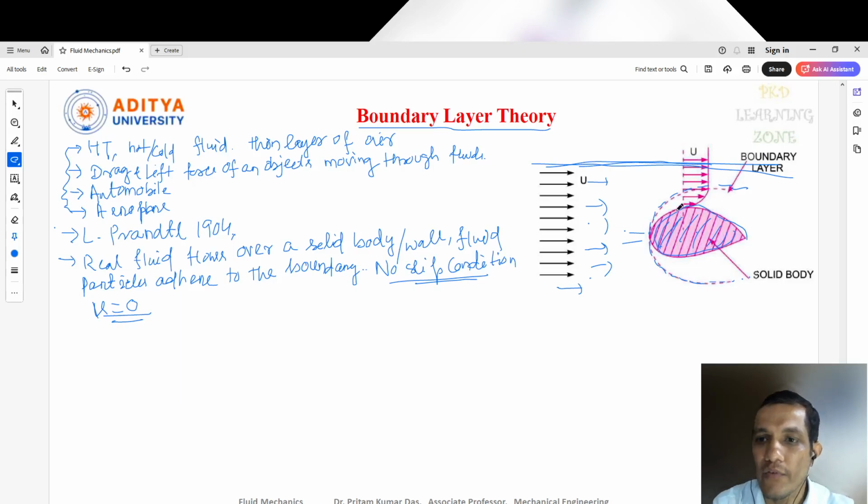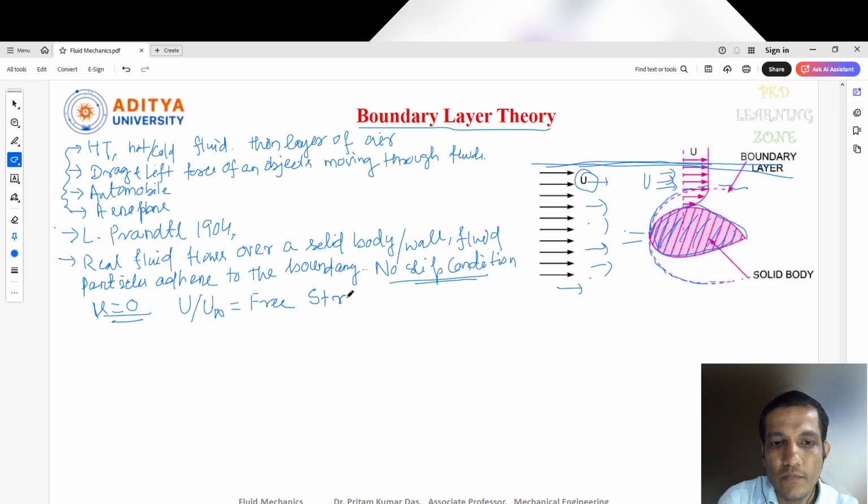Now if you see this layer, as per the definition, no slip condition. So what does the no slip condition mean? This is the layer formation we get. But above this layer, we have the free stream velocity, because this fluid is flowing with a velocity of capital U. Let me write U, or sometimes it is called U infinity. So this is called free stream velocity.